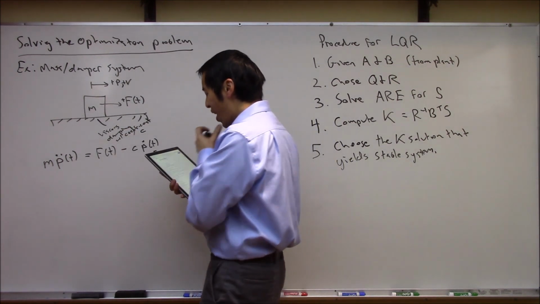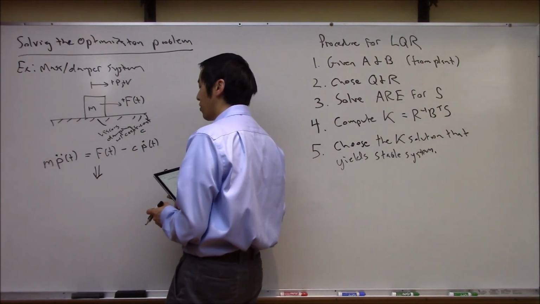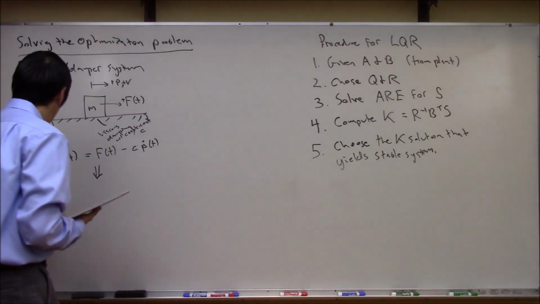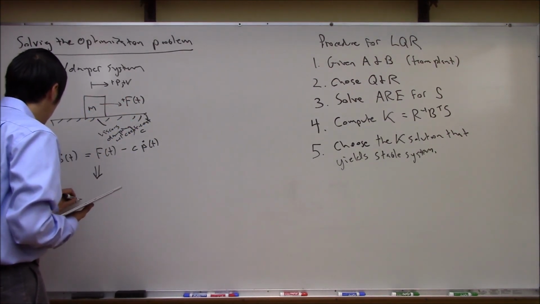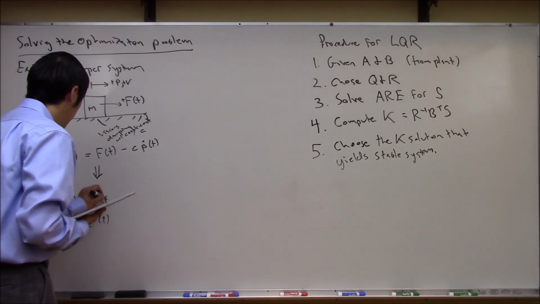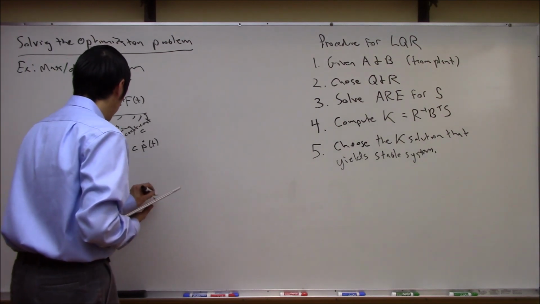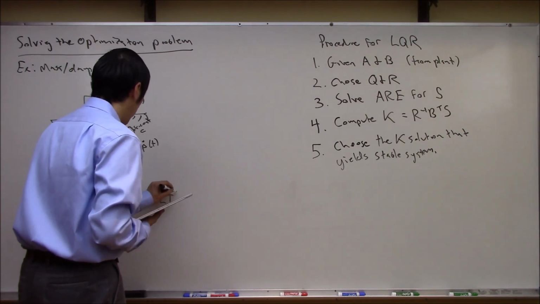Okay, so without too much of a stretch, I think you can turn this thing into a state space representation by choosing a state vector x of t as the position and the velocity of the block. That's our state vector. And the control vector in this case is really simple. There's only one control. It's this force.